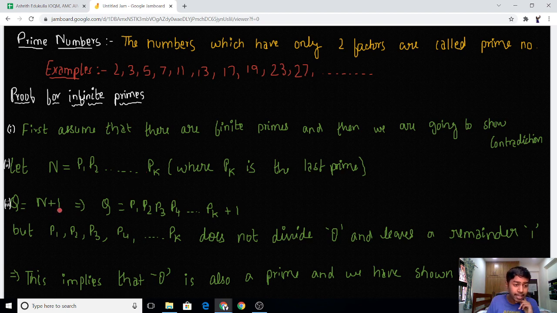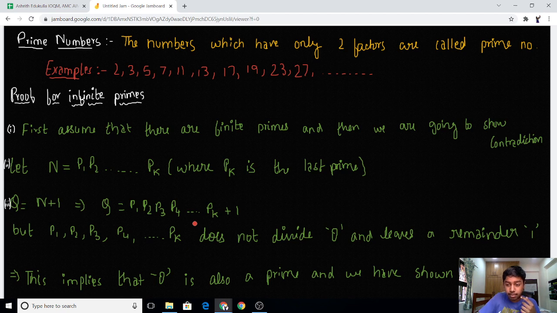Now I'm taking a number q such that q equals n plus 1. As we know that n is p1, p2 up to pk, so q is p1, p2, p3 up to pk plus 1.